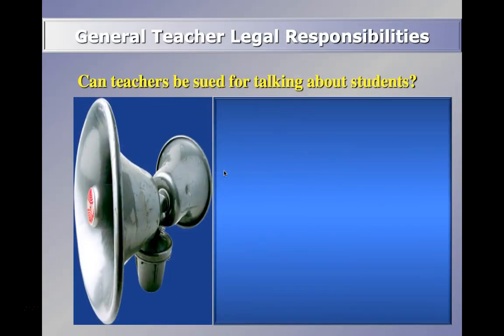Can you be sued for talking about students? That is, you go to the hairdresser and you talk about how Bobby got involved with 4 of the cheerleaders, and now there's a squabble between those 4 girls, blah, blah, blah. Can you talk about other kids?